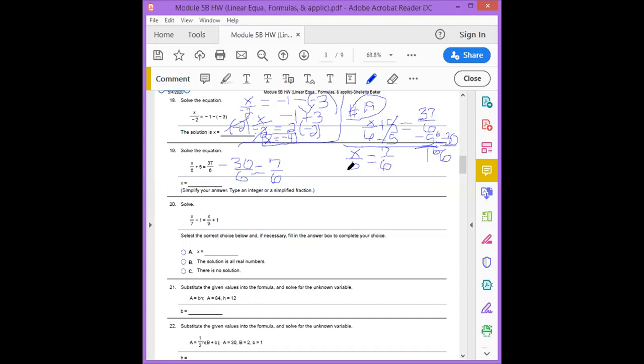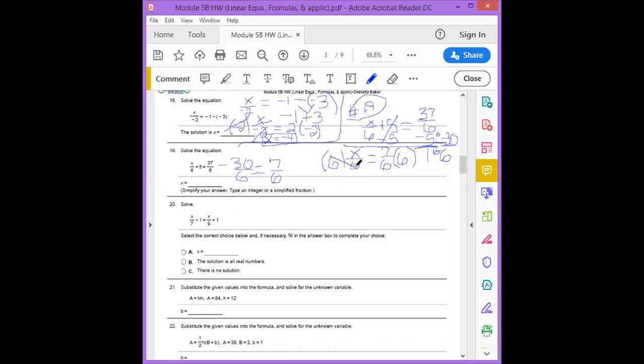Now remember, to solve this type of equation, we're always performing the opposite operations to get that variable x by itself. The opposite of dividing by 6 is to multiply. I'm using parentheses to show multiplication. You're multiplying the left side of the equation, everything on the left side, by 6, and the right side, everything on the right side, by 6.